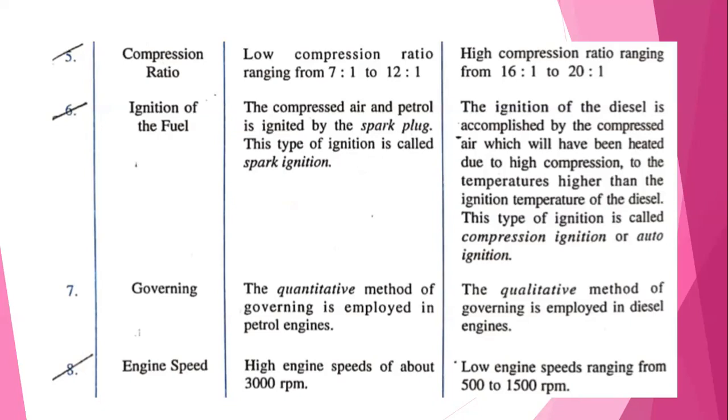With more torque, more force, you can do more work. So for that reason, the speed of the petrol engine is high and the speed of the diesel engine is less, but the torque produced by the petrol engine is less and the torque produced by the diesel engine is high.